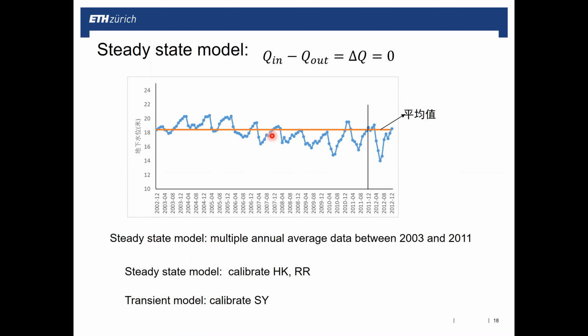After analyzing the groundwater level changes, we choose the period from 2003 to 2011, and we will use the average data for the steady state model. The steady state model we use to calibrate the hydraulic conductivity and the infiltration ratio, and the transient model we use to calibrate the specific yield.